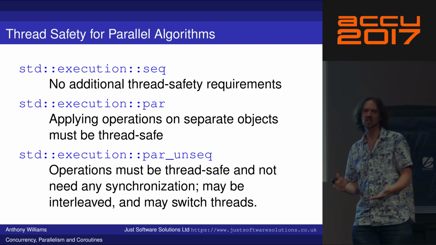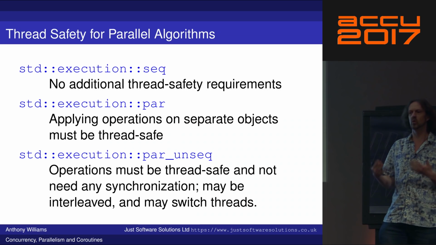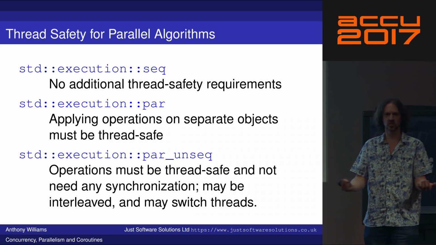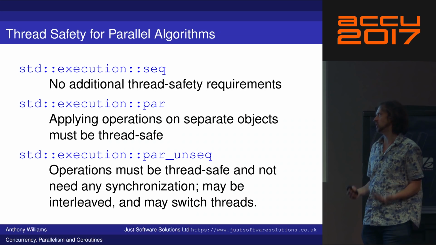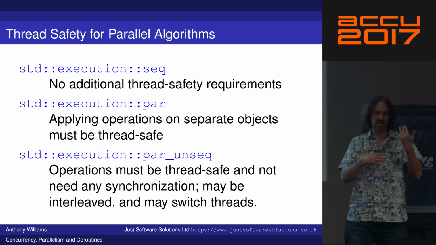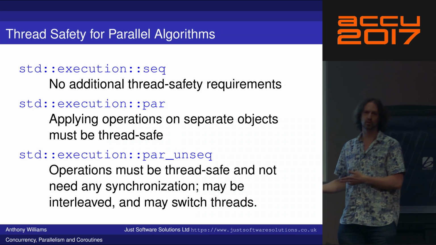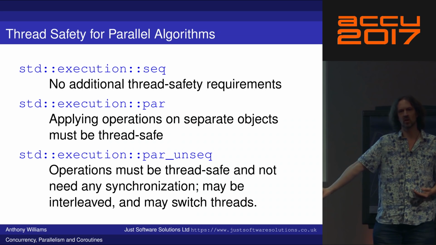But you can't use any shared state between things, unless it's completely constant for the whole operation, because that would require synchronization. And you can't use that when you're doing the unsequencing because things might be interleaved and they might be migrated across threads. So it might start the operation on one thread, suspend it, and resume it on another thread.